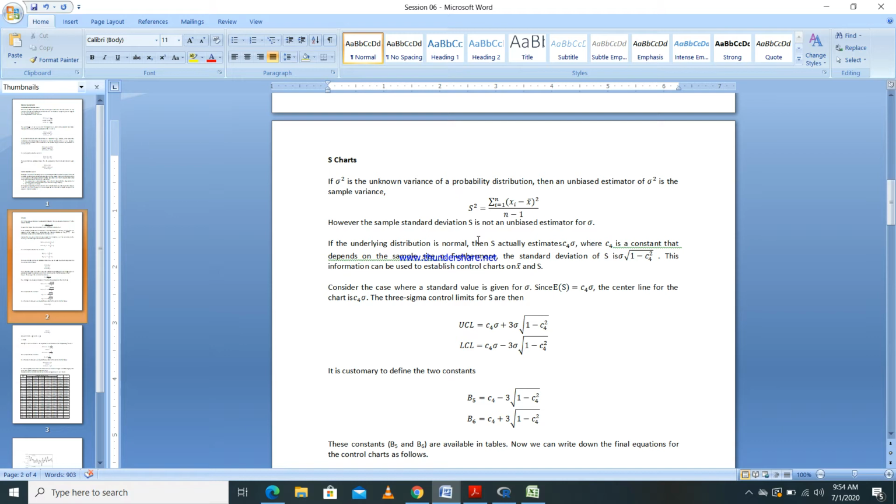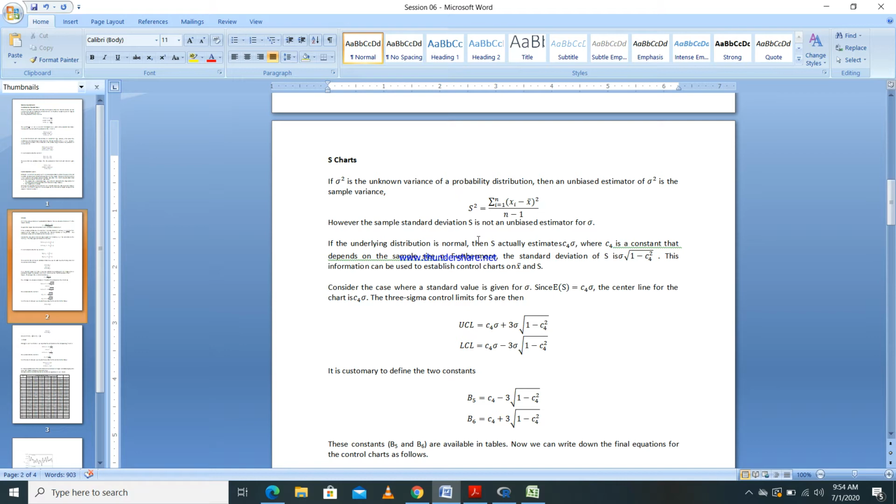In that case, the standard deviation of S we can write as sigma times square root of 1 minus C4 to the power 2, right?